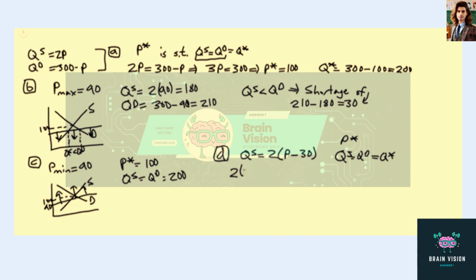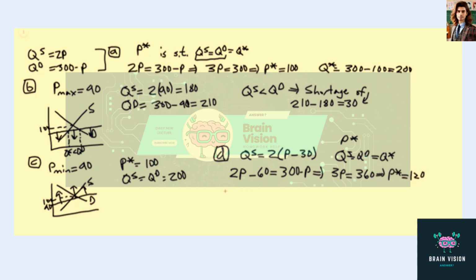So we have 2 times the quantity. I'm just going to multiply this out here. We're going to have 2p minus 60 equals still just the original demand function, 300 minus p. And then putting the p's on this side and the integers on the other side, we're going to have 3p equals 360, which will give us that P star equals 120.